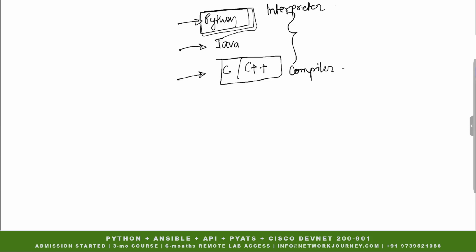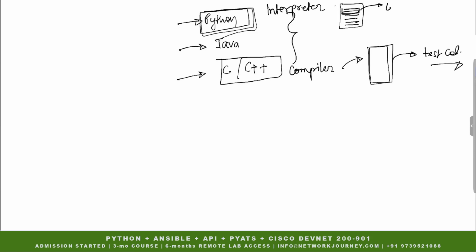That means once you write a script, the entire script gets converted into machine code and then is read by the machine. In Python, if you have multiple lines, each line gets converted. So if there was an error, your script is going to give you an error saying line number 1 has an error. But in C, C++, the entire thing needs to get converted, and then it is going to give you an error saying error on line 2.